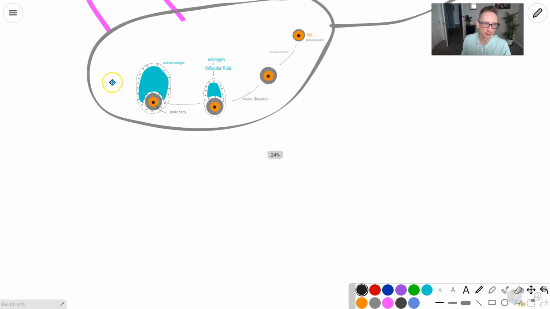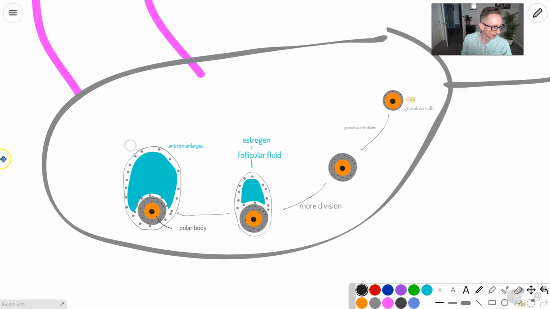Now what happens is we have fusion of the follicle with the ovary in this area of the fallopian tube, like so.